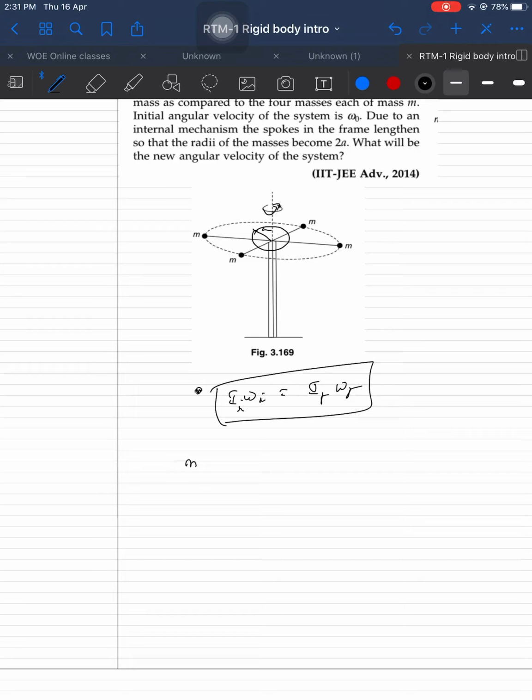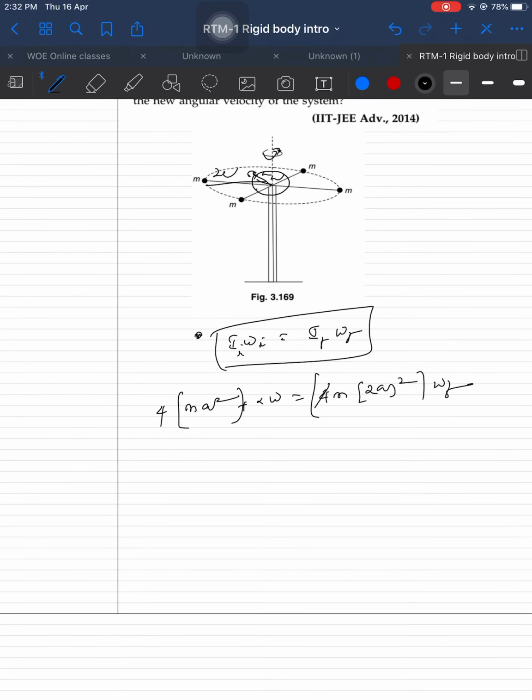Initially it is 4 m a square into omega initial, since there are 4 masses. This equals finally 4 masses, each at distance 2a, so 4 m (2a) square into omega final. The 4 cancels, m cancels, and a square also cancels. Omega final is equal to omega initial by 4.